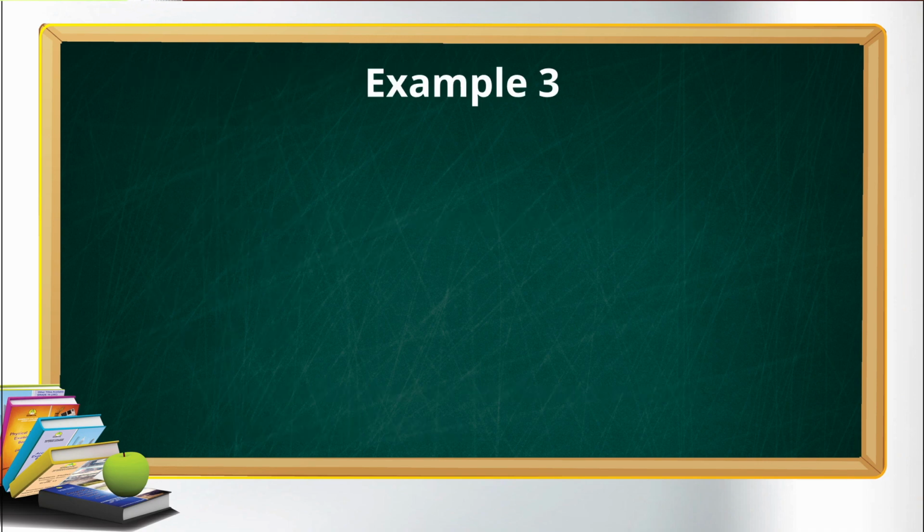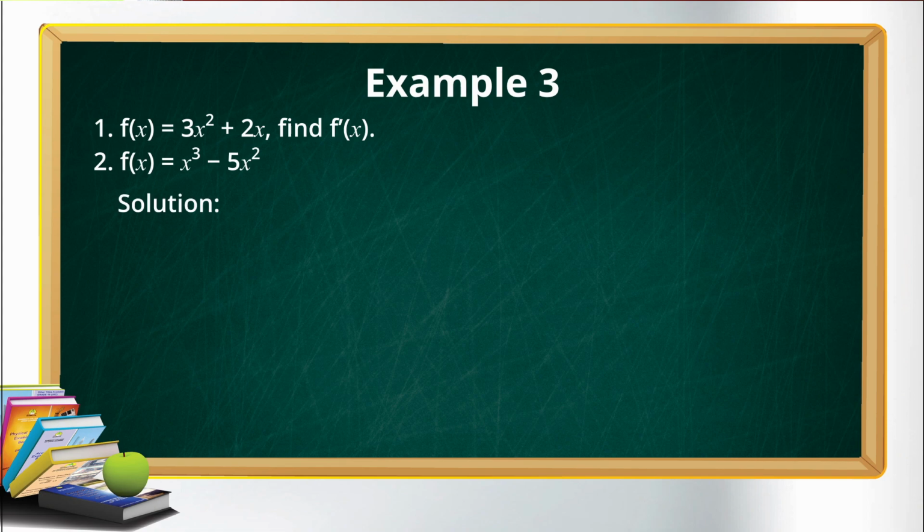Here is example 3. f of x is equal to 3x squared plus 2x. Find f prime x. And f of x is equal to x cubed minus 5x squared. I will work out the solution with you.